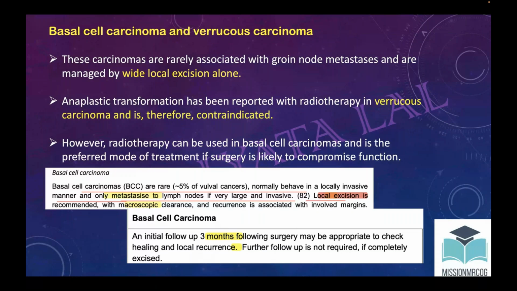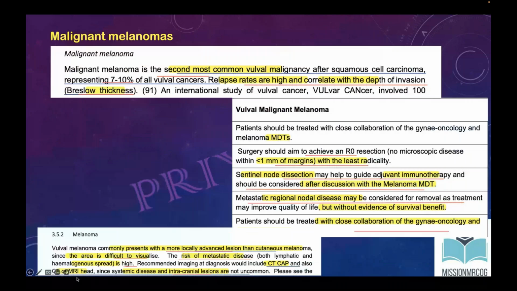Now, malignant melanoma. Malignant melanoma is the second most common vulval malignancy after squamous cell carcinoma. The relapse rate is very, very high, and it is related to the depth of invasion, that is, Breslow's thickness. Now, for treatment, what they say is that there should be a melanoma MDT discussion. So the treatment is to be done in collaboration with gynae oncology and the melanoma MDT.